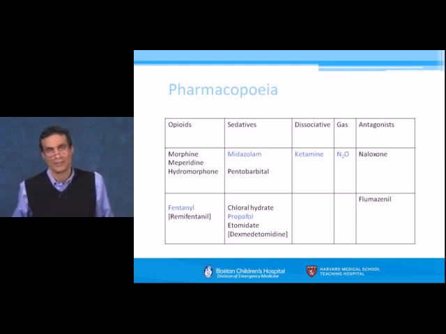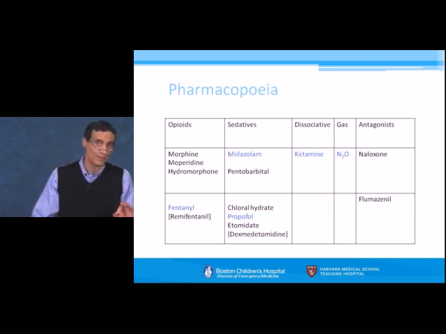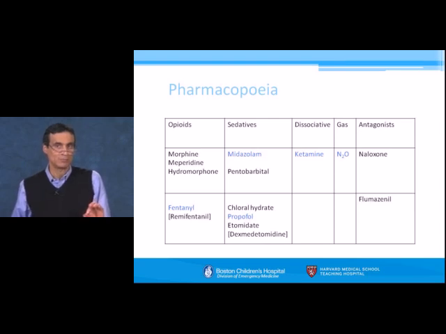Now, unlike fentanyl by itself, morphine at low dosing has equipotent analgesic and sedative effects. Fentanyl at low dosing, 1 to 2 micrograms per kilogram, has no sedative effects whatsoever. It's pure analgesia.